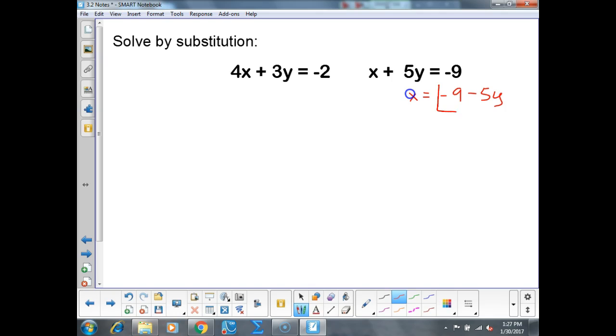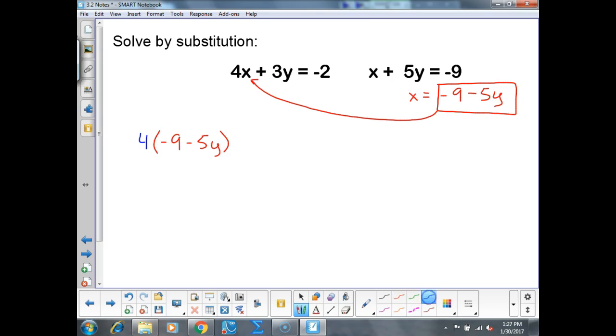So then we take that and we plug that in for x. -36 minus 20y plus 3y equals -2.